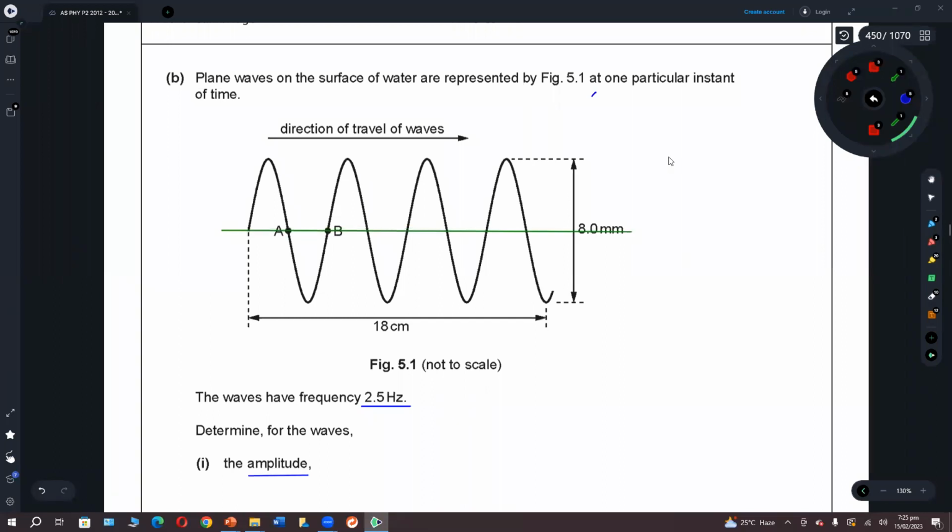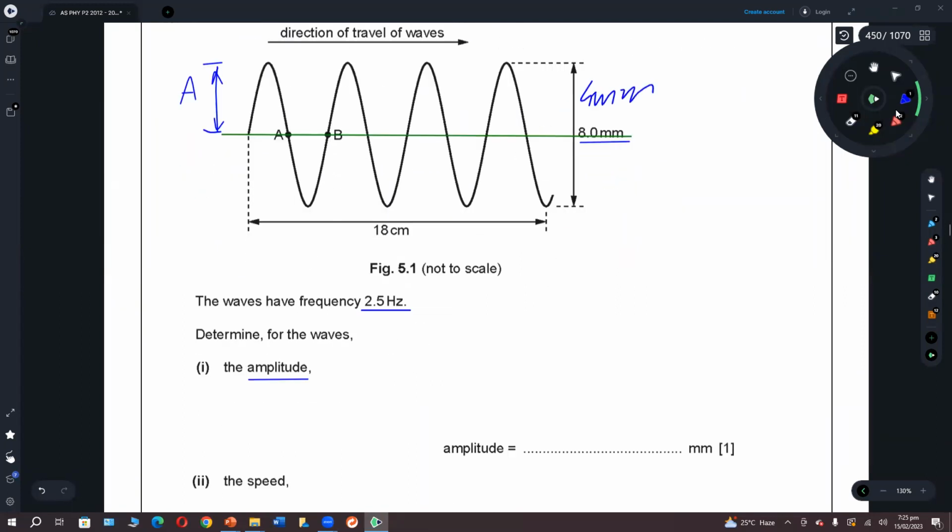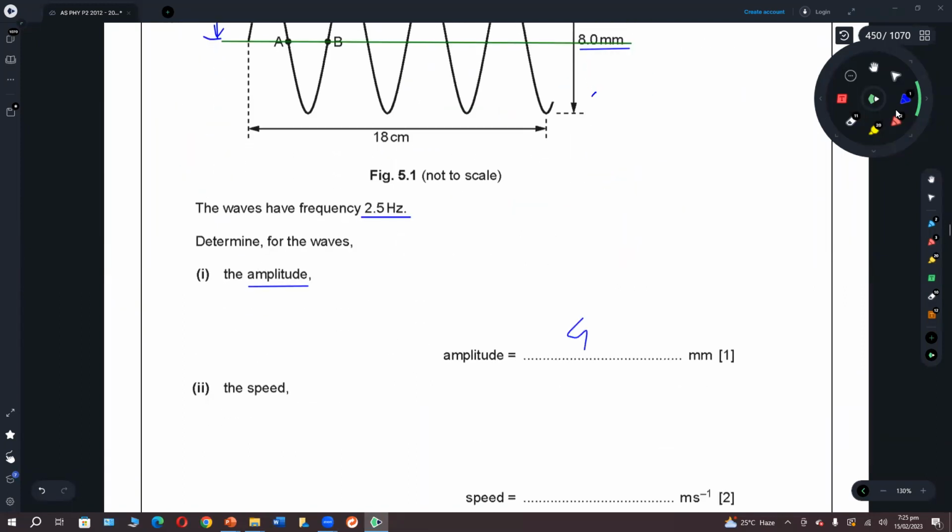I'm drawing it for you, and now you can see what would be the amplitude. Amplitude is the height. Look, this is the amplitude. Now, can you find the amplitude for me? So it will be 4, because it is half. Yes, it is 4 millimeter.